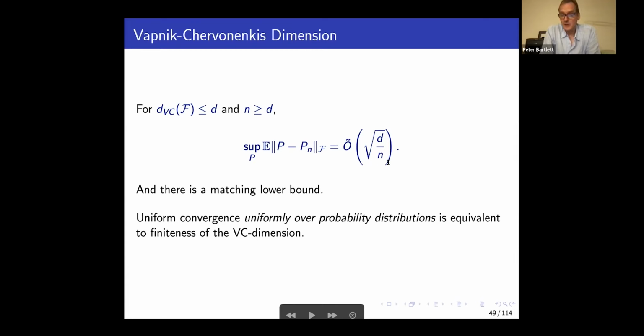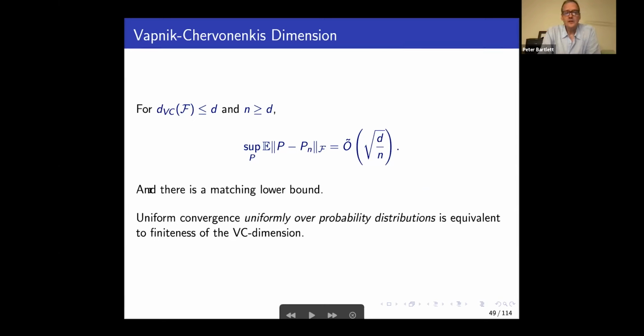Turns out there's a matching lower bound. You can show in the case where the VC dimension is d, you can come up with a probability distribution for which these deviations are as big as square root d over n.